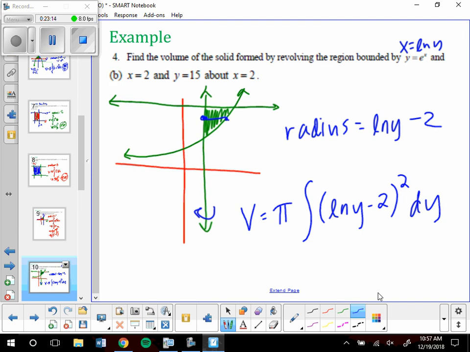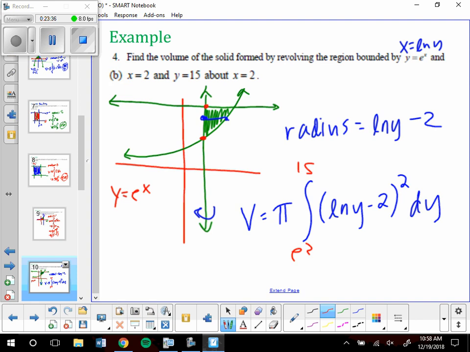Y values. I need to start at this y value, end at that y value. Which one's easier? The 15, because we can see it's y value 15. What are we going to have to do to find the other one? Yeah, y equals e to the x, and we can plug in x equals 2. So what is it? E squared.